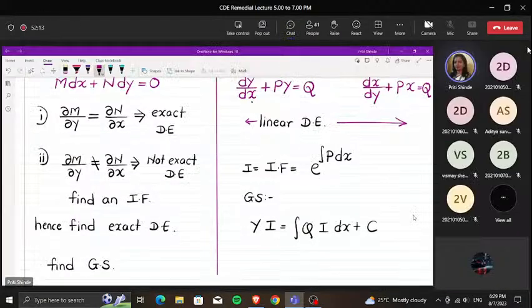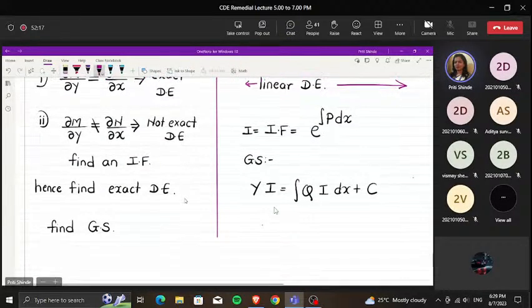Now, unit number 2, applications of ordinary differential equations.